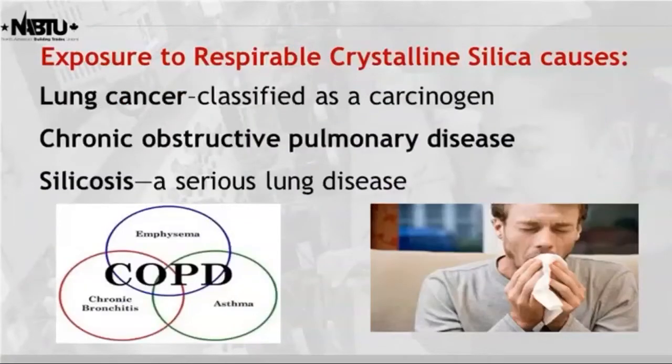In addition, how about COPD, chronic obstructive pulmonary disease, which includes emphysema, asthma, chronic bronchitis. So overall, silicosis is a serious lung disease, and silica is considered a carcinogen. So that's the reason why you have to be concerned. You have to protect yourself out in the field.